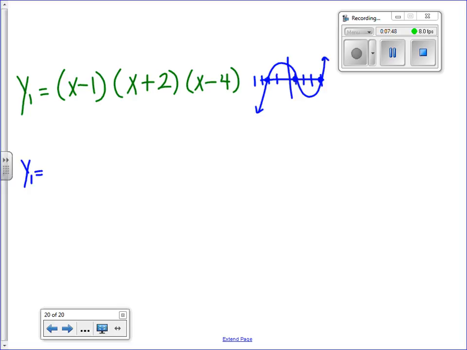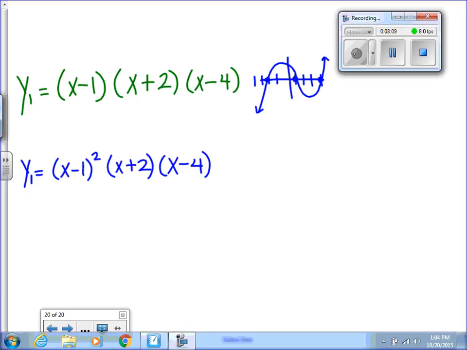Alright, erase that one. Graph that one. Alright, what does this one look like?